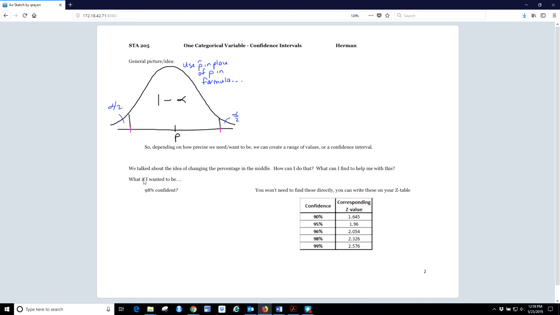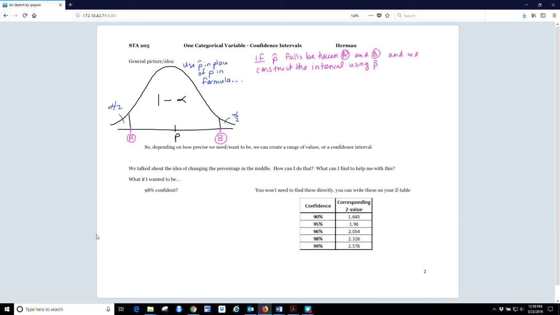I'm going to kind of label these places A and B. And so let's talk about if P hat falls between our A and B, and we construct our interval using P hat, as we discussed earlier, so kind of plugging in P hat where we had P before.